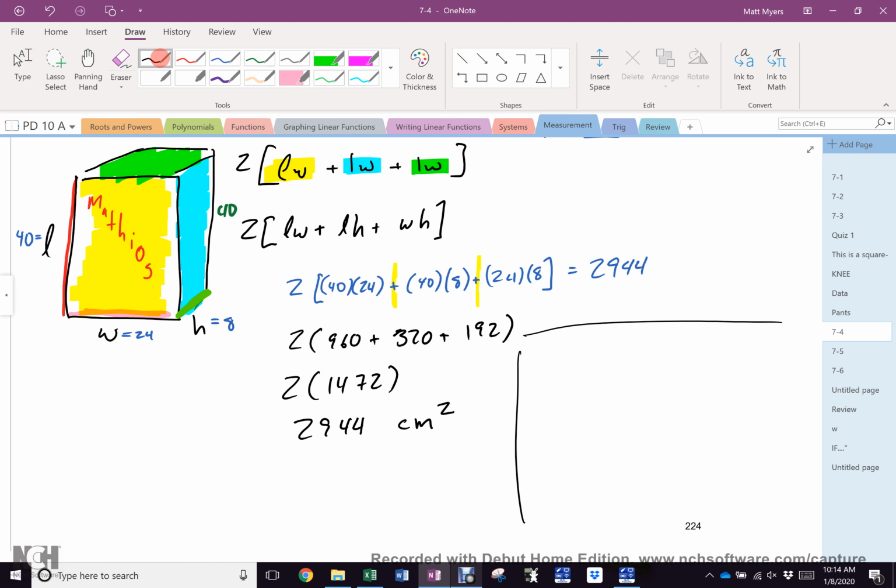So the volume of every single prism is base area times the height. Well, somebody said they want to make the blue one the base. So what's the area of that blue rectangle? It's 40 times 8, right?